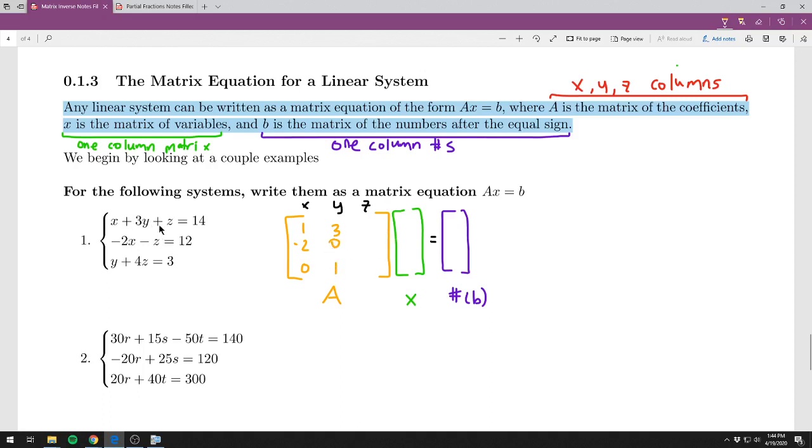In the Z column, we would have 1, -1, and 4. Now the X matrix is actually just your variables in this order, in the order of the columns, starting at the top. So the variables we have here are X, Y, and Z.